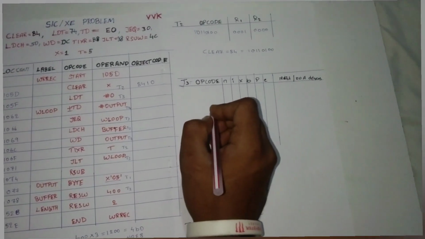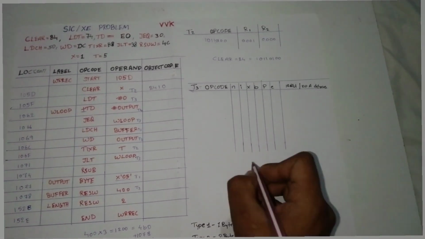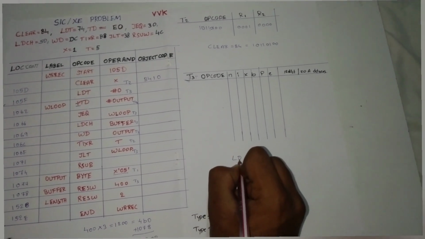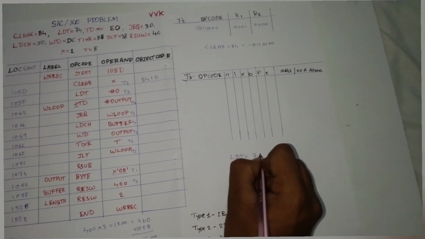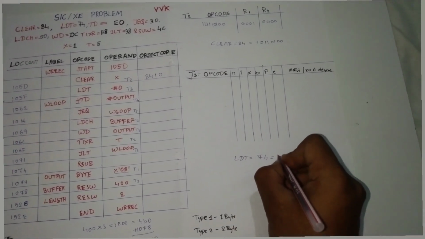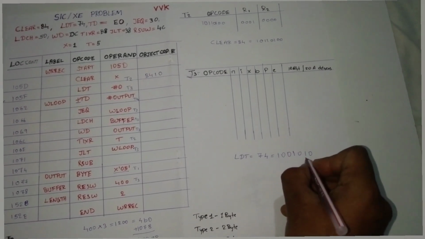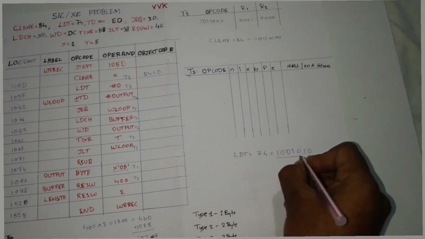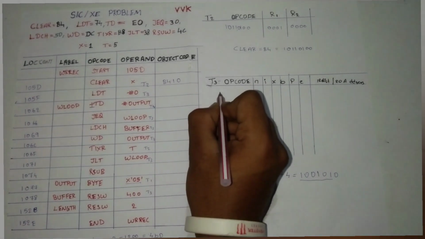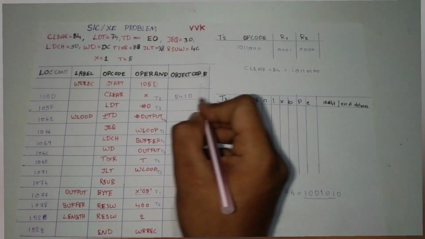The first opcode is the LDT. The numeric value is given as 74. The binary conversion of 74 will be 01110100, so the first six bits of the binary value will be 011101.